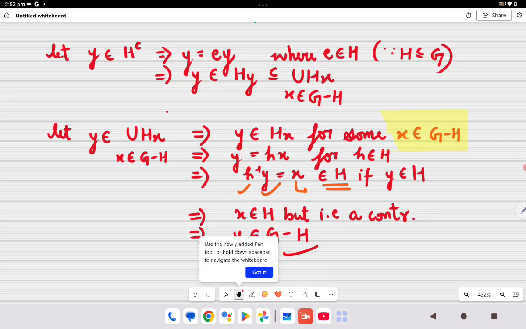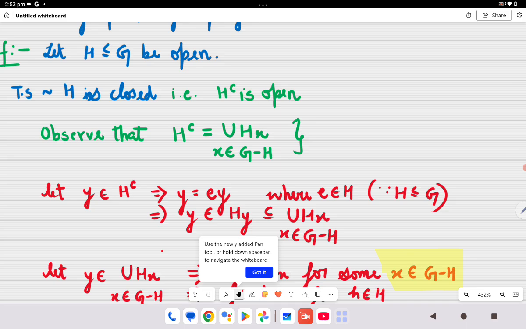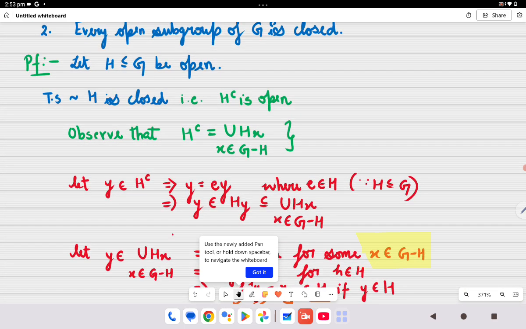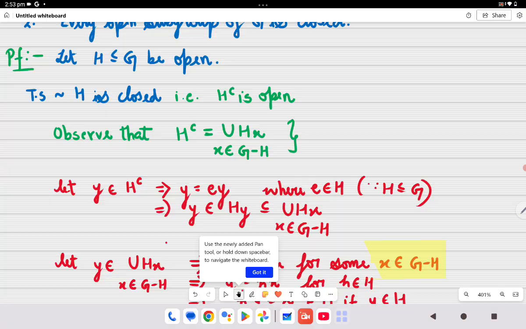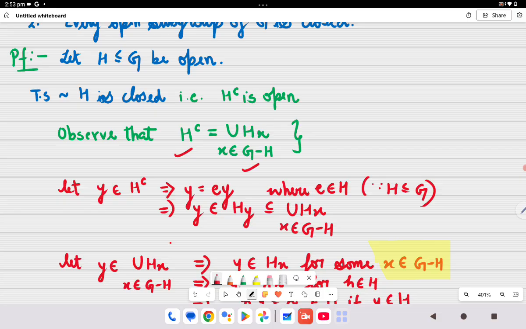Will showing just this complete our proof? Think. What we have shown here is that H complement is the union of these translations. Now you know H is open, so its translation will also be open. Yesterday we did this result, right? Translation of an open set is also open.